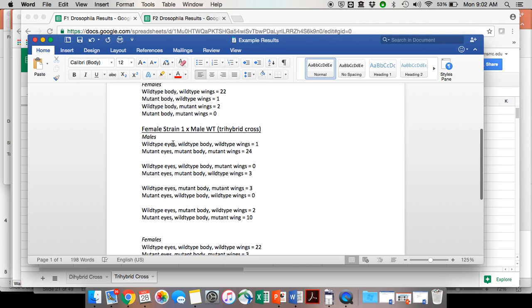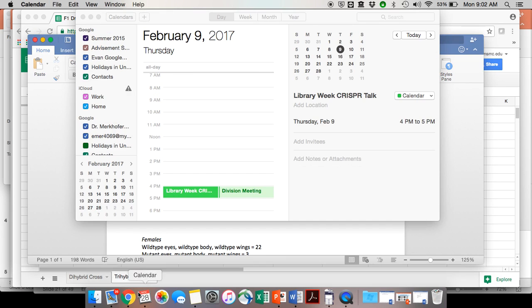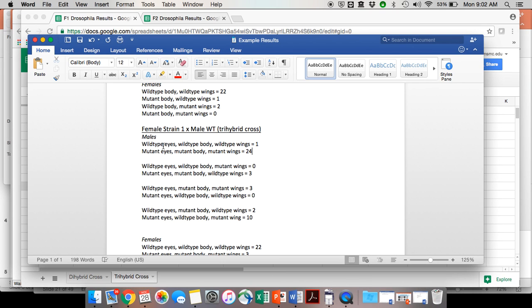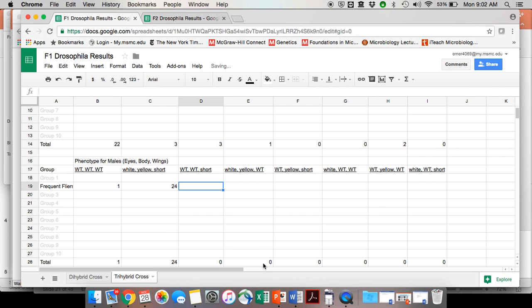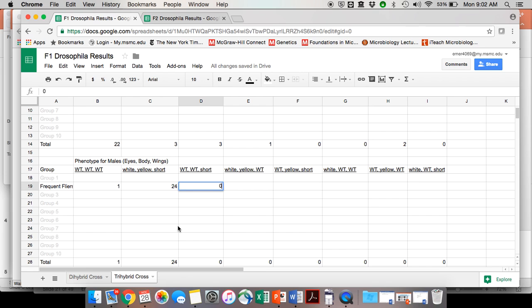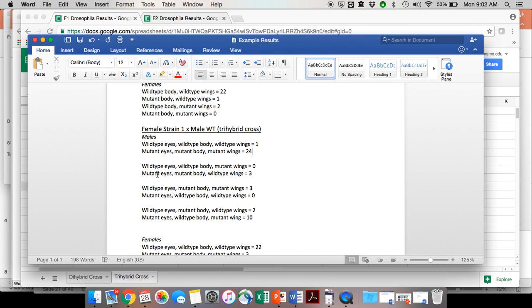This is our male data up here. So wild type, wild type, wild type, we had 1. For mutant, mutant, mutant, 24. Wild type, mutant, 0. Mutant, mutant, wild type, 3.